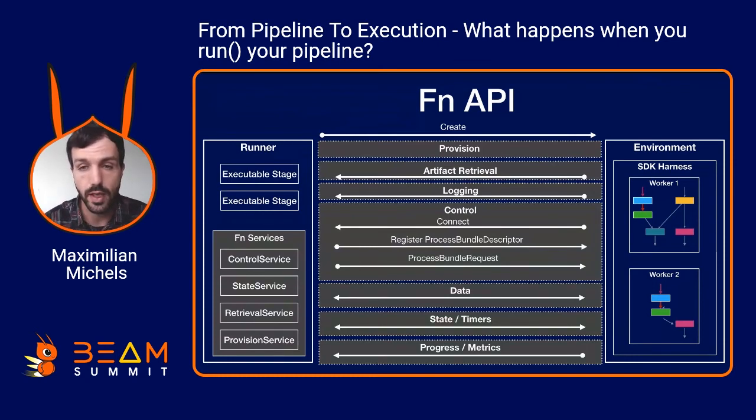So you can just start up a new harness, and that will register and receive the process bundle descriptor, and then receive any bundle requests. The Fun API also covers data and metrics and progress and artifacts, logging. Logging is very important so you know what is going on inside the process.